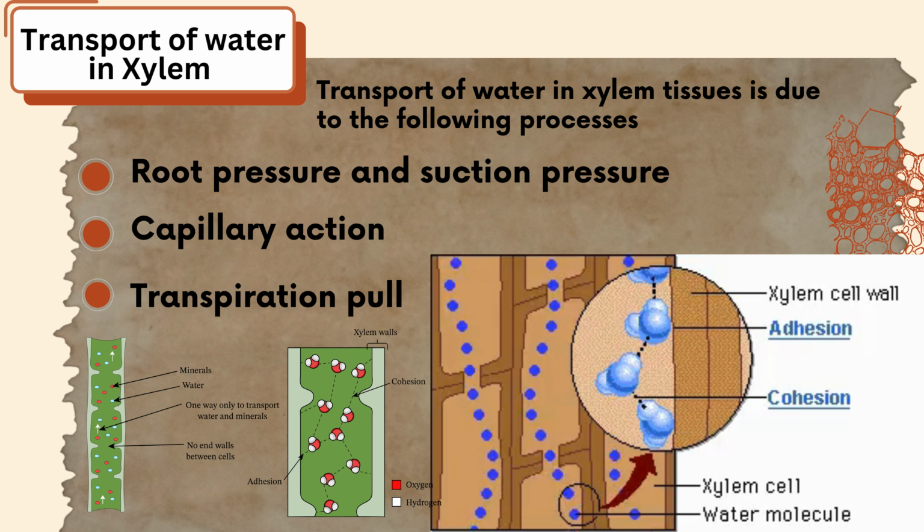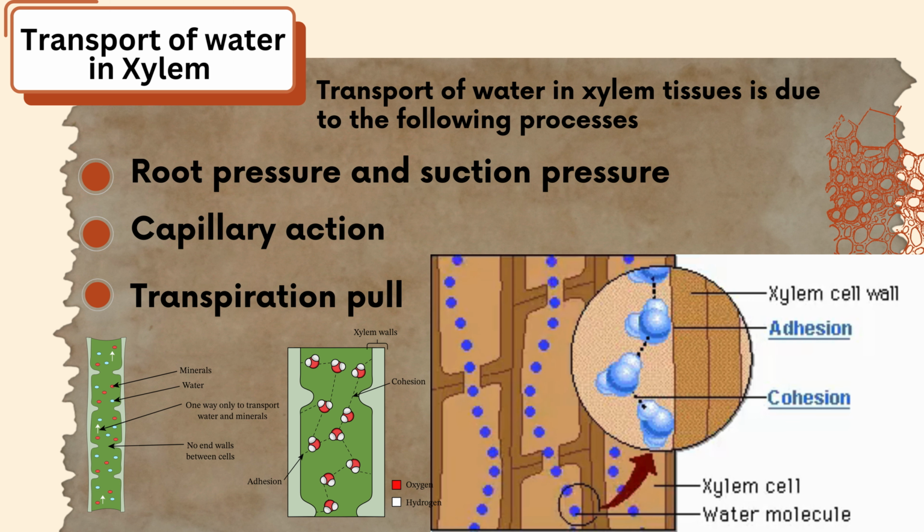Lastly is the transpiration pull. The continuous movement of water from the roots to the leaves forms the transpiration stream. As water evaporates from the leaf cells, and as photosynthesis produces more sugar, the osmotic pressure in the leaf cell increases with respect to the xylem cells.